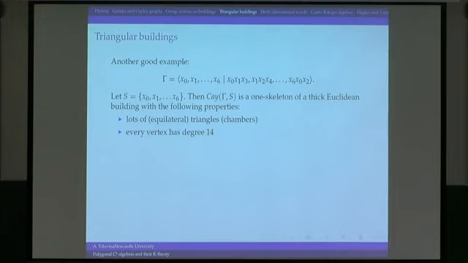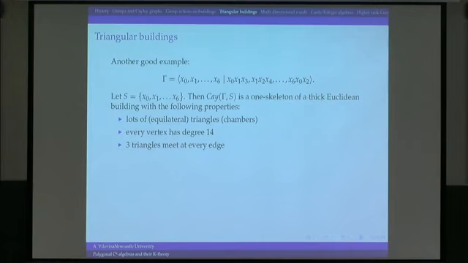And now, even if you didn't catch the definition of a building from the first part of the talk, you can have in mind another definition of a Euclidean building, because you can just take the Cayley graph of this group, and we had a definition of the Cayley graph in the beginning, and as soon as you see a triangle in this Cayley graph, you fill it in with a 2-dimensional triangle.